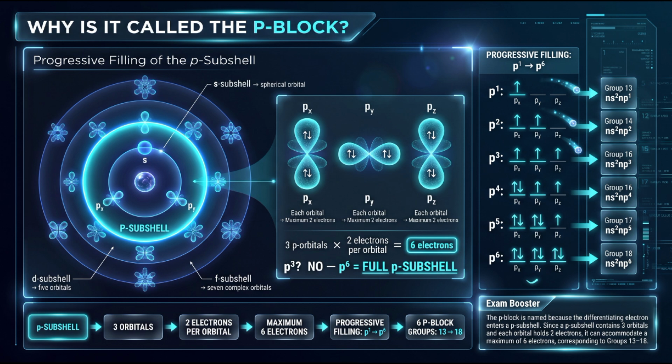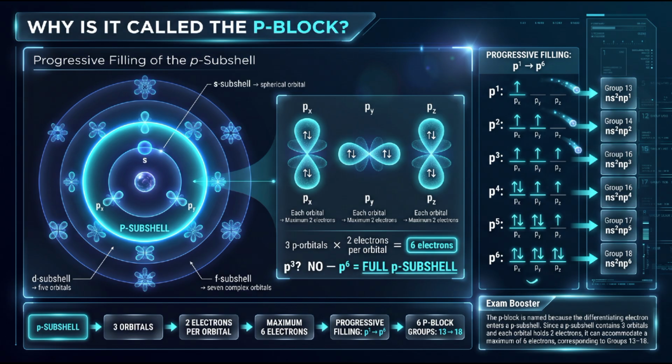Although their orientations are different, these 3 orbitals have the same general energy within an isolated atom and together form the p subshell. Each individual orbital can accommodate a maximum of 2 electrons. These 2 electrons must have opposite spins according to the Pauli exclusion principle.